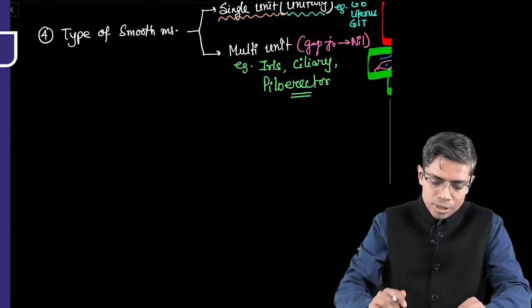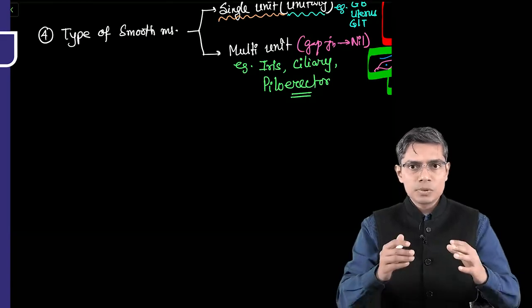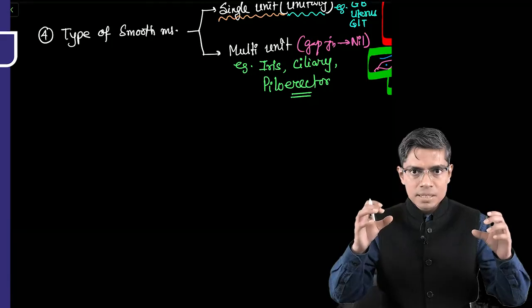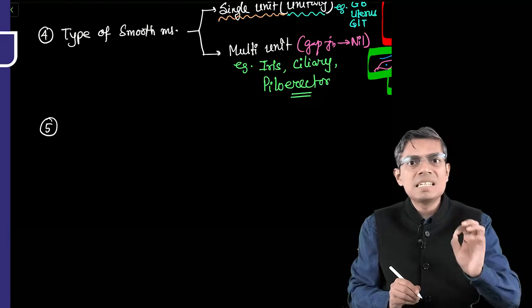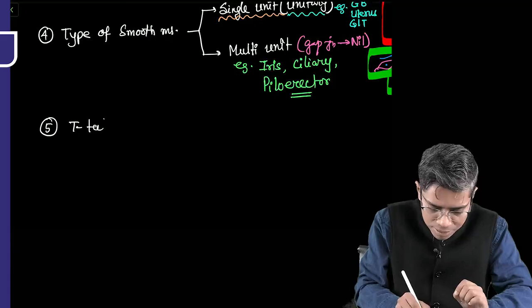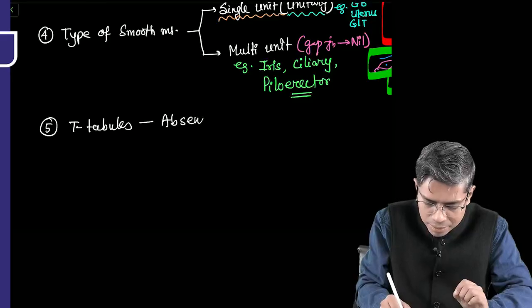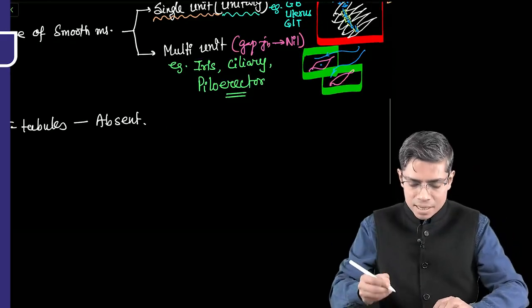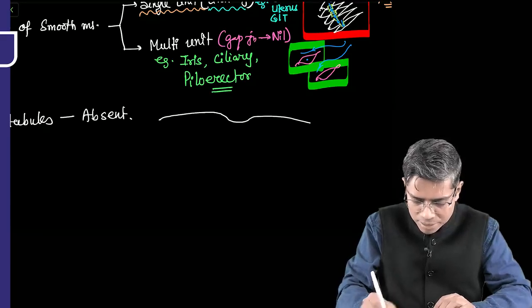Next we are going to understand the structural part of the smooth muscle. If we look at the smooth muscle cell, I already told you they are spindle in shape. Now I am asking myself, is there any presence of T-tubules on the smooth muscle membrane? The answer is that T-tubules are absent in smooth muscle. But rather than T-tubules, there is a small depressed area on the surface of the smooth muscle membrane like this.